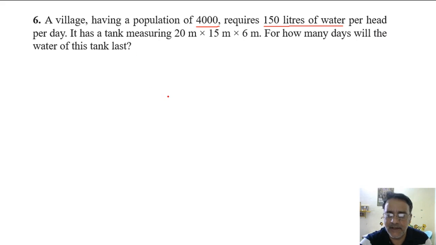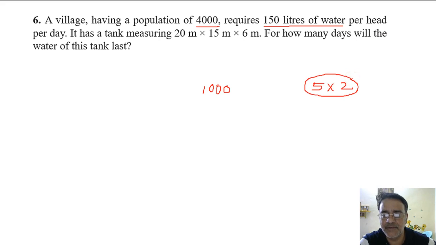So I will give one example. Suppose we have a 1000 liter tank at home, and 5 members are there, each using 2 liters. So how many liters of water is consumed in one day? 10.